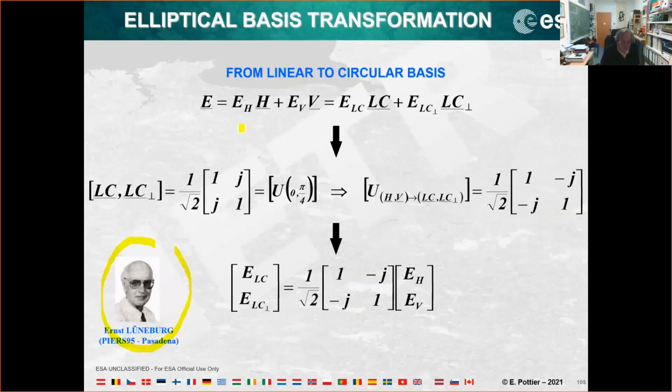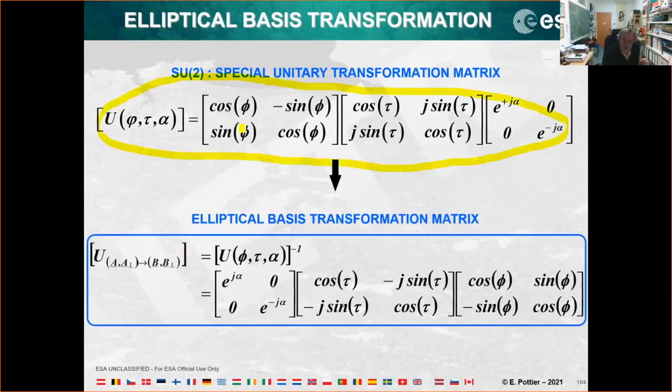So this is why we prefer to use horizontal and vertical. And from a mathematical approach, as I explained, with this matrix transformation, I can reconstruct an elliptical polarization just using signal processing. I keep the hardware horizontal and vertical polarization because it's very easy to build such an antenna.